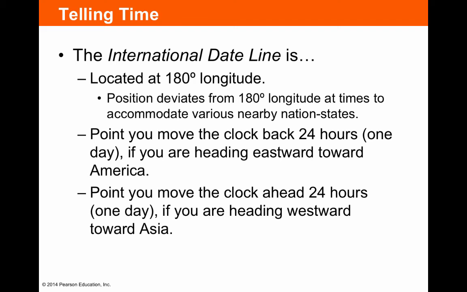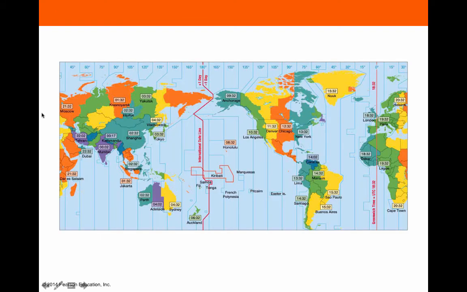So, for example, let's look at the map so you can see. In Russia over here, they don't say, oh, this chunk right here, you guys are a different day. They say you guys are all the same day here.